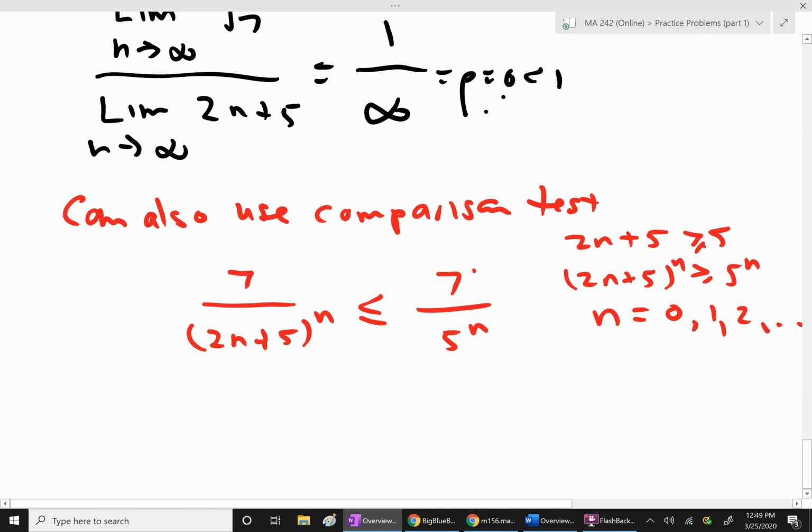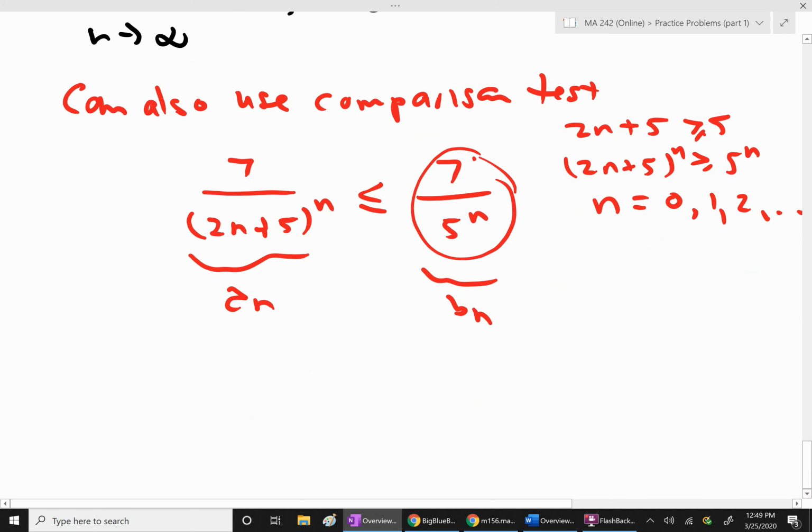Okay. The reason why I did that was because if I ignore the n term, I know how this behaves. So this is like my a_n, and these are like my b_n's. I know that this infinite series converges because it's a geometric series.